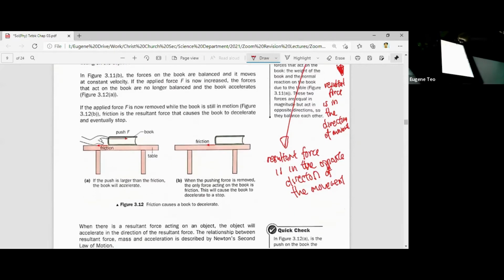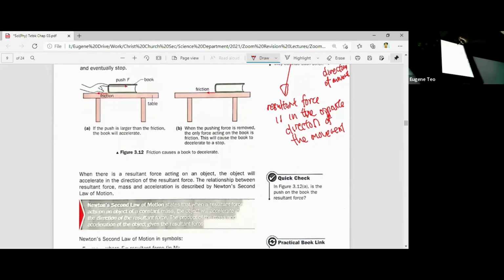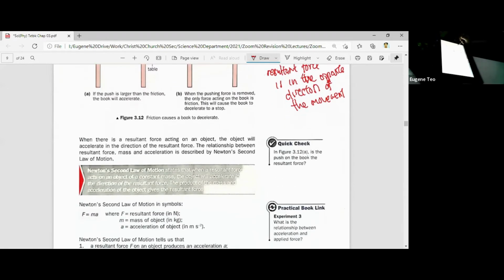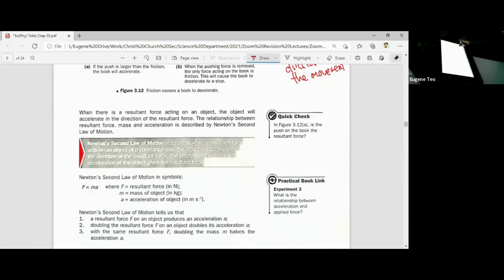Okay, you can read through examples here, I won't go into it. But one of the key effects here, as you read all this, you realize Newton's second law, there's this part here. The product of the mass and acceleration gives the resultant force. This is actually the idea of F equals to ma.